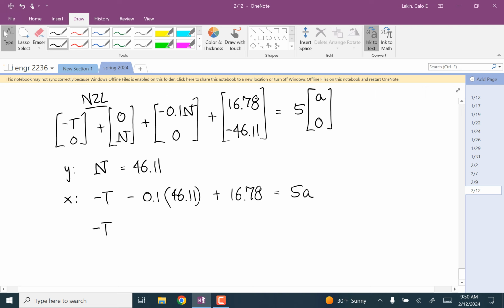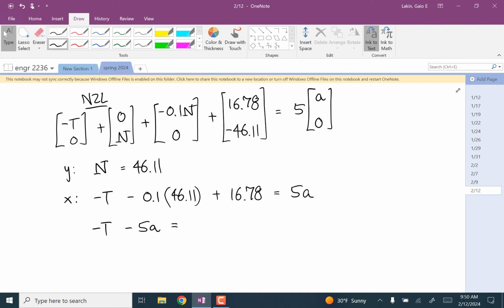So negative T minus 5a is equal to 16.78 minus 4.61.